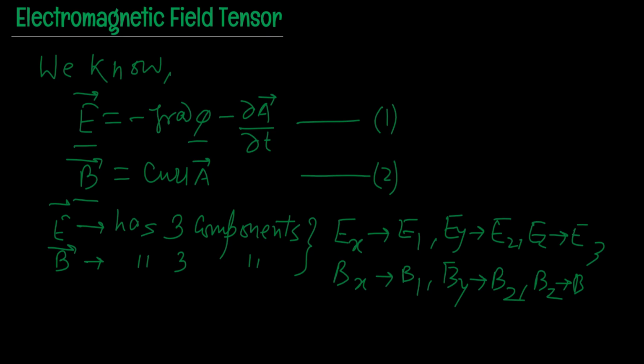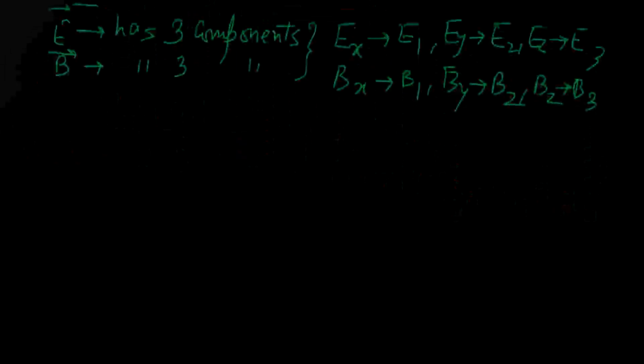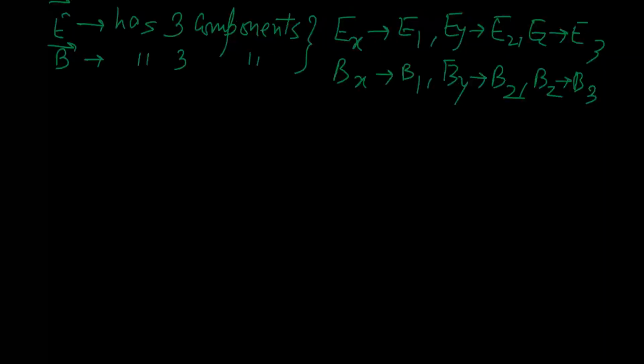You may write even Ex, Ey, Ez, Bx, By, Bz, but we use such symbols so that whenever a summation is taken, there will be a clear-cut concept in your brain, and you will not be confused when x, y and z are used.